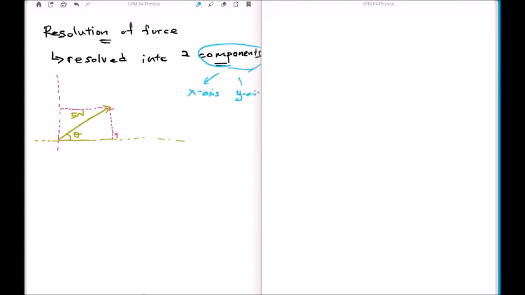The trick is, if you draw a perpendicular line, this would eventually be your x component, and if you do it correctly, the magnitude of this length will always be shortest, since it's perpendicular. It should be shorter than the 5 Newton.